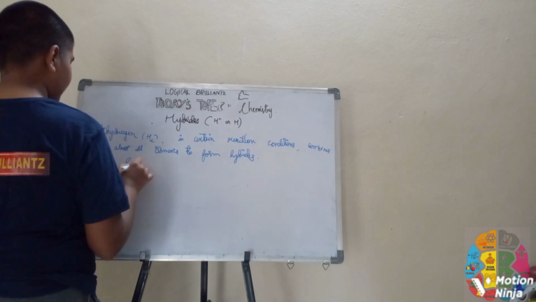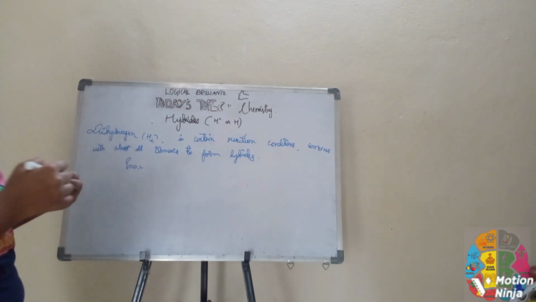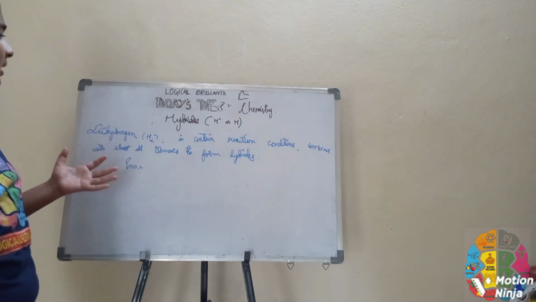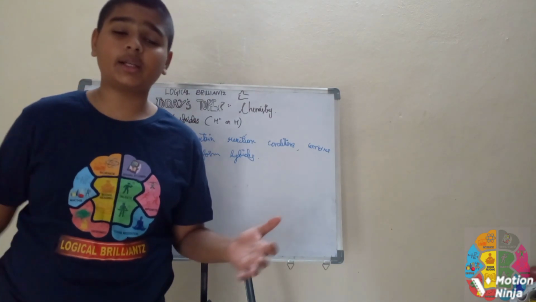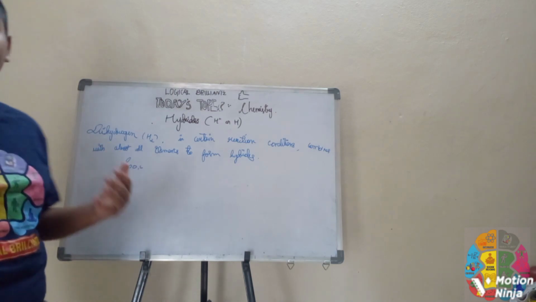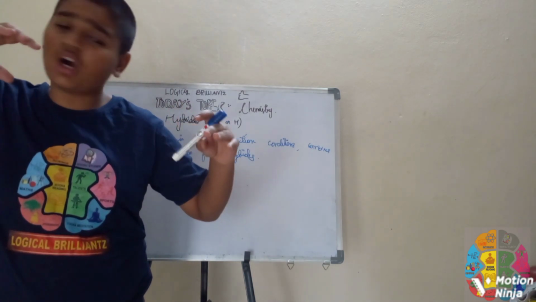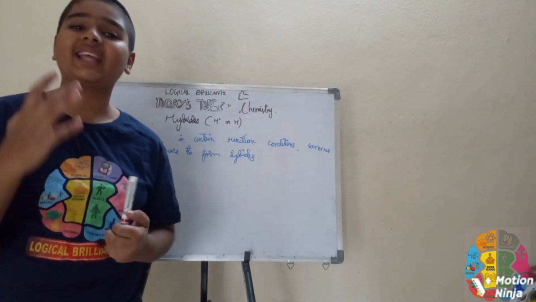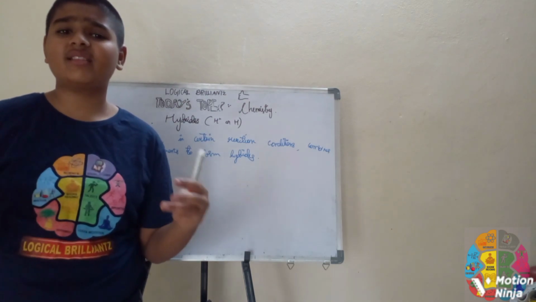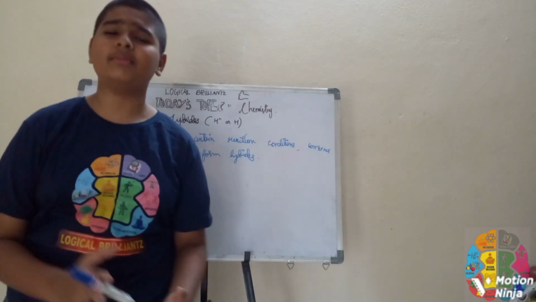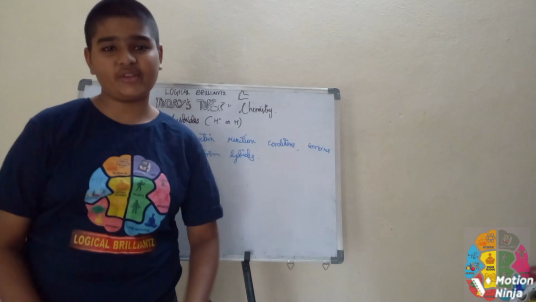So this is the definition of hydrides. Hydrides are those chemical compounds in which dihydrogen, which is H2, reacts with almost all elements, only in certain reaction conditions, to form hydrides.